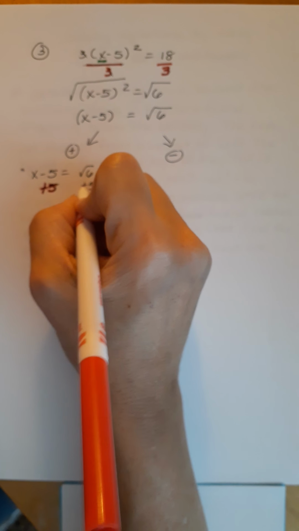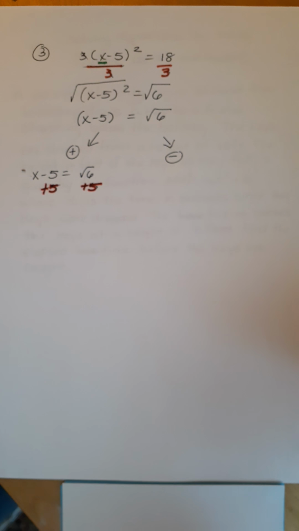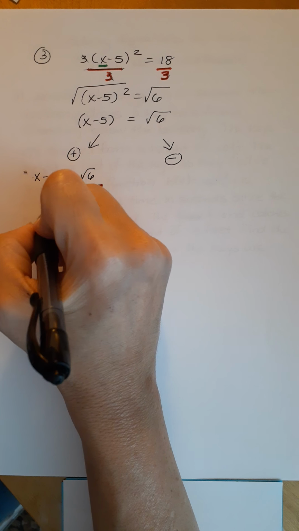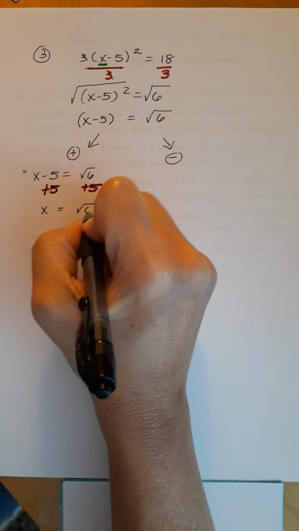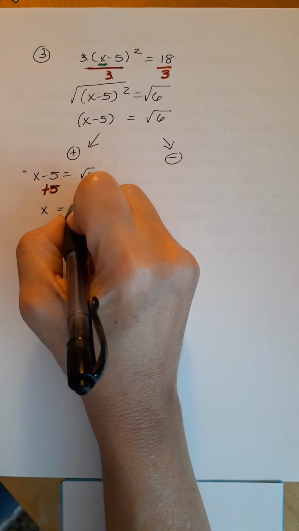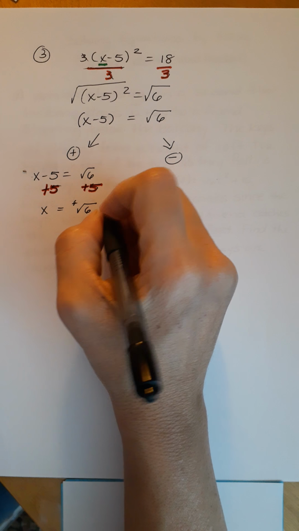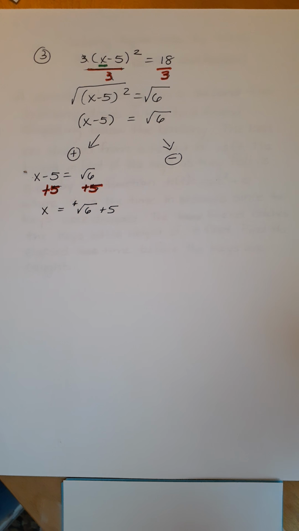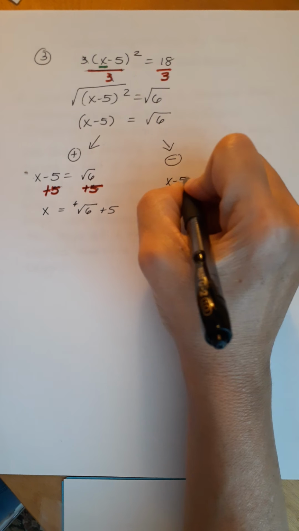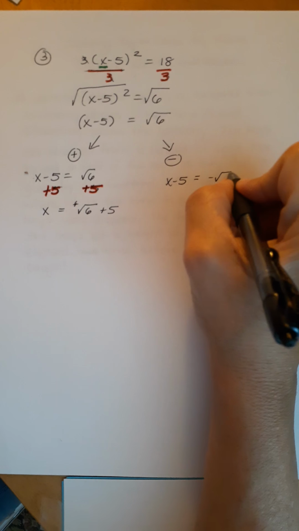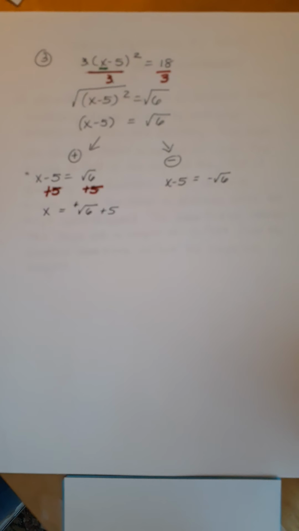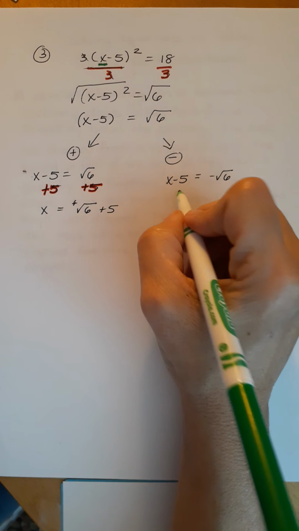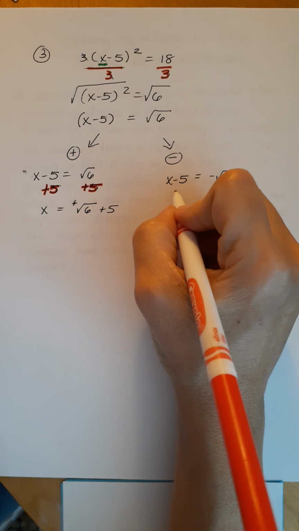So we get x equals the positive square root of 6, plus 5. And the other one, the negative: x minus 5 equals negative square root of 6. Then we add 5 to both sides.